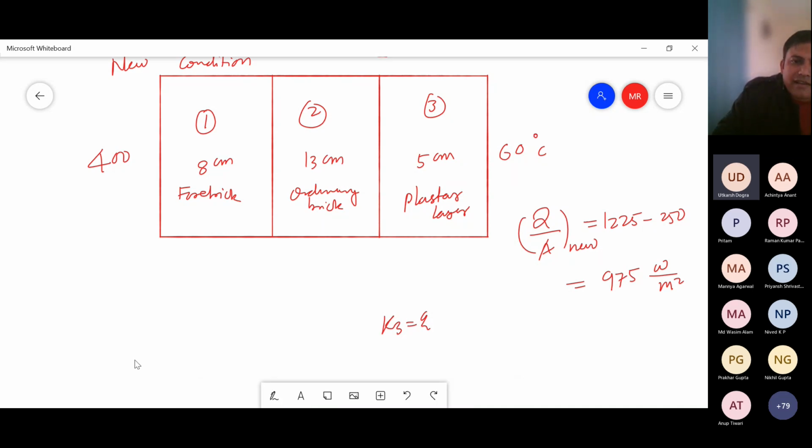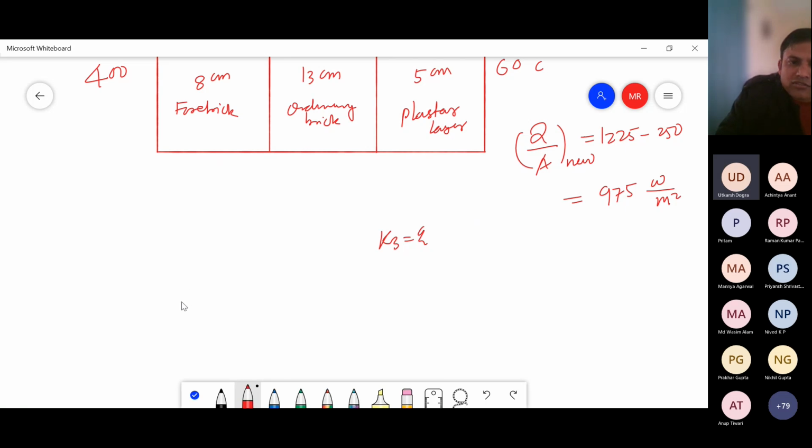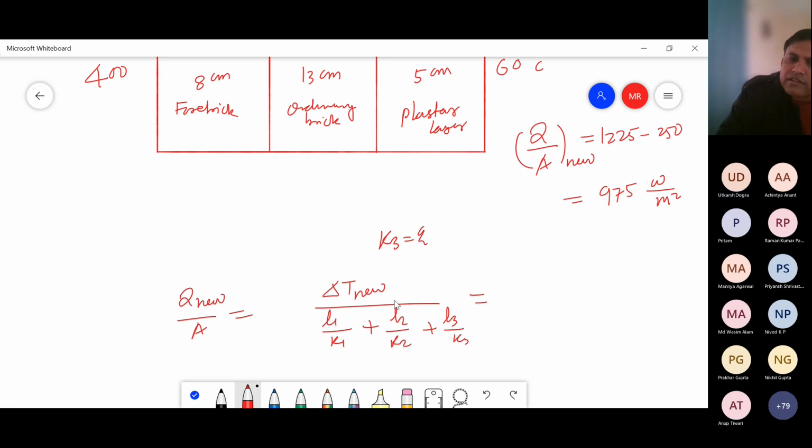So now again we can write down the equation here. Q new by A will be given by delta T new divided by L1 by K1 plus L2 by K2 plus L3 by K3. Now delta T new is what? 400 minus 60. Remember earlier it was 400 minus 75.